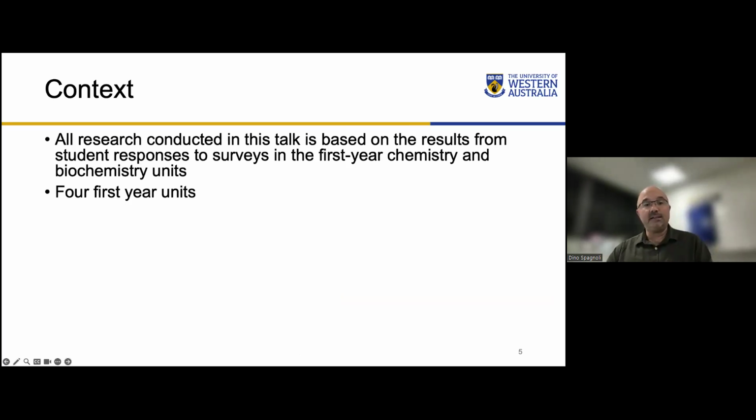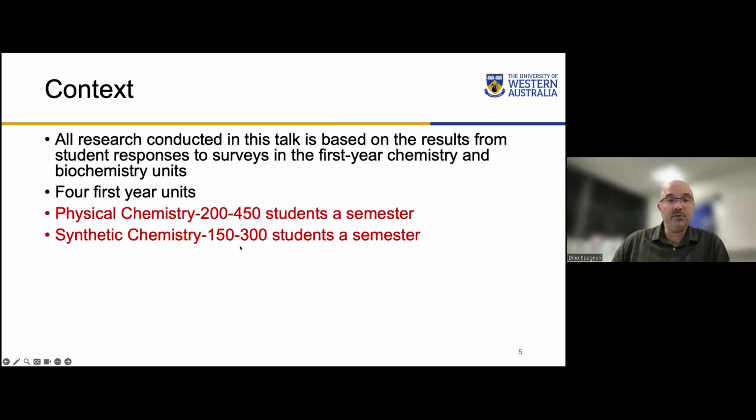To give you some context about the results that you'll see later on, all research conducted in this talk is based on results from students' responses to surveys and questionnaires that we've given to our first-year chemistry students in chemistry and biochemistry units. We have four first-year units at UWA. The first two are a physical-based unit and a synthetic-based unit.